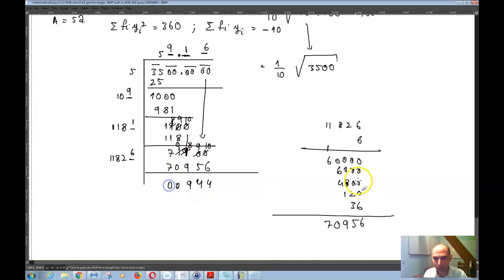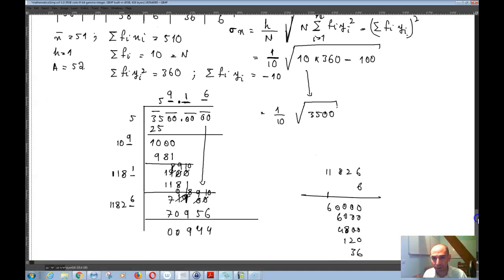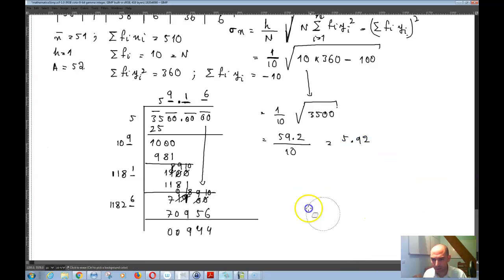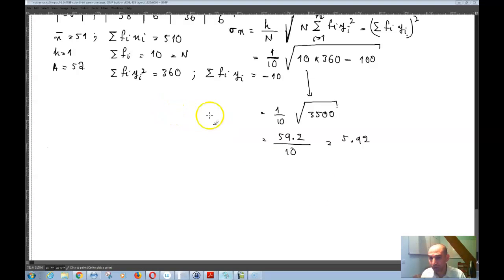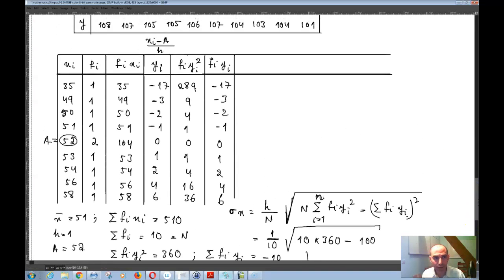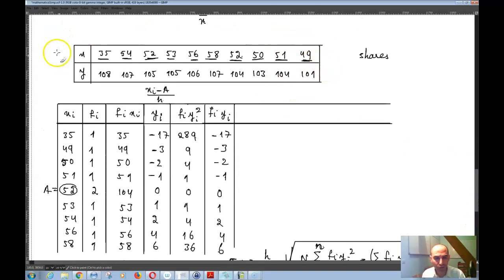But basically the answer here is 59.2, divided by 10, which is equal to 5.92. So 5.92 is the standard deviation of your data related to the share X.